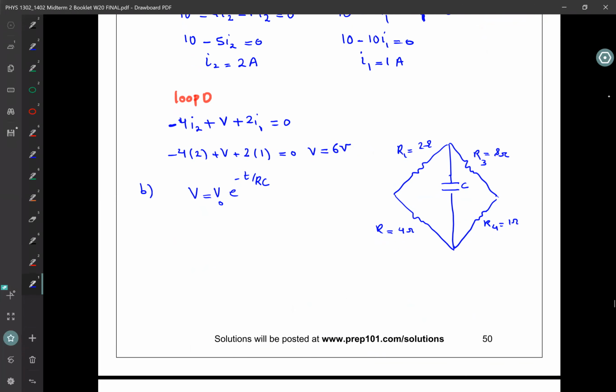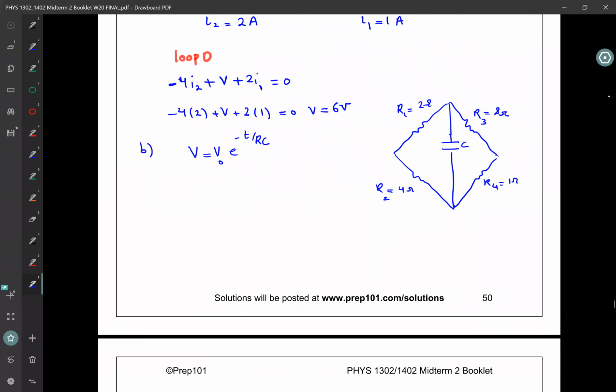However, I need to find R. So you're thinking about what R value we are going to put in this equation. That R value should always be the equivalent resistor. That means that I'm going to need to combine my resistors. Looking at this part, you could see that R1 and R2 are in series because only one end of R1 is connected to one end of R2.